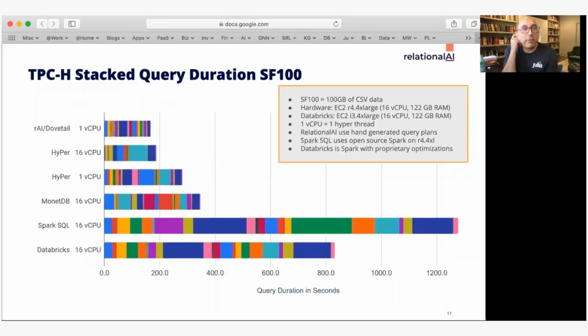Okay, we benchmarked this against best-in-class systems for doing business intelligence analytics. As you can see here, we do quite well on this TPCH benchmark at a scale factor of 100, which is about 100 gigabytes of data.